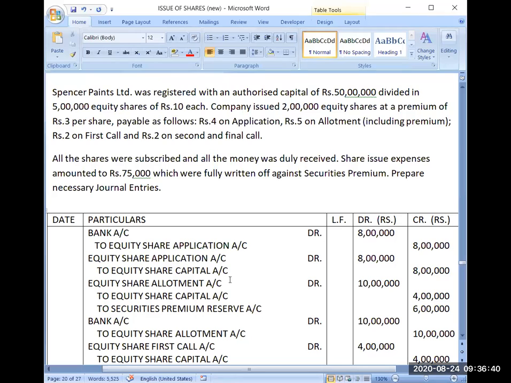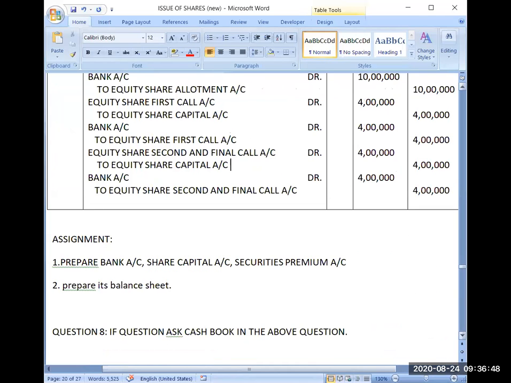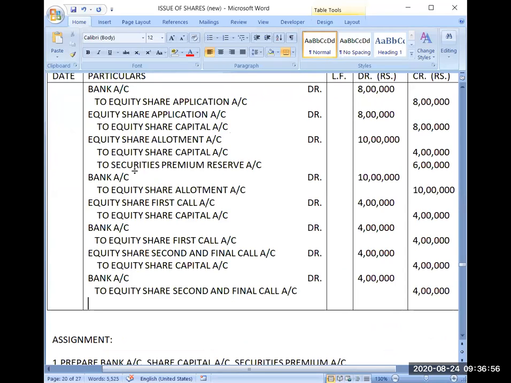Now, how much premium have I collected on one share? ₹3. So my premium should be ₹3. Now add up the bank accounts and tell me the total. 26 lakh.